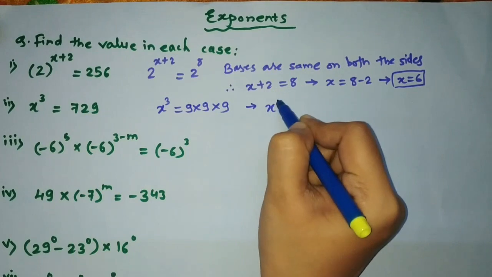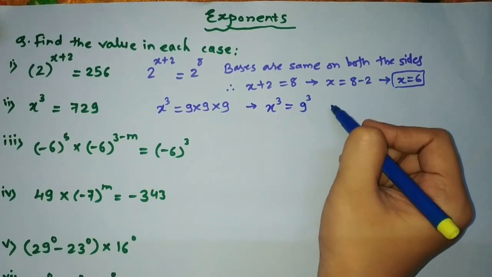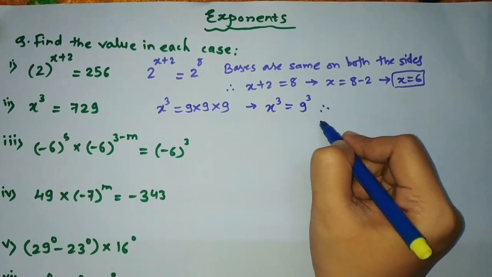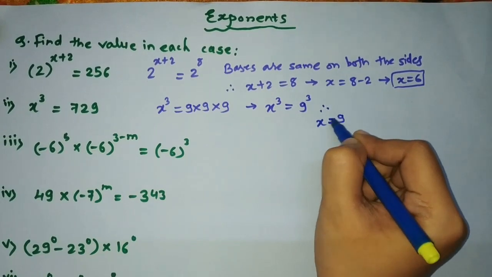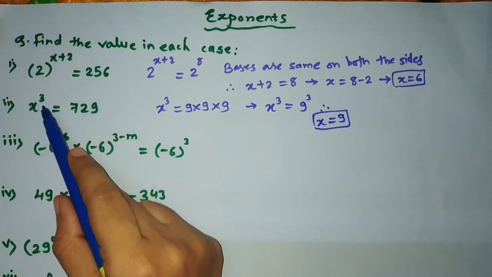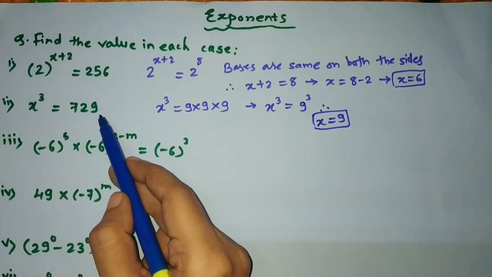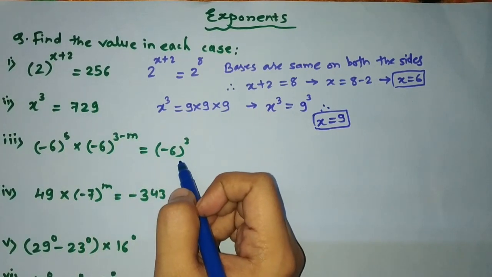So I can write x cube is equal to 9 cube. Therefore x is equal to 9, and 9 cube is 729.